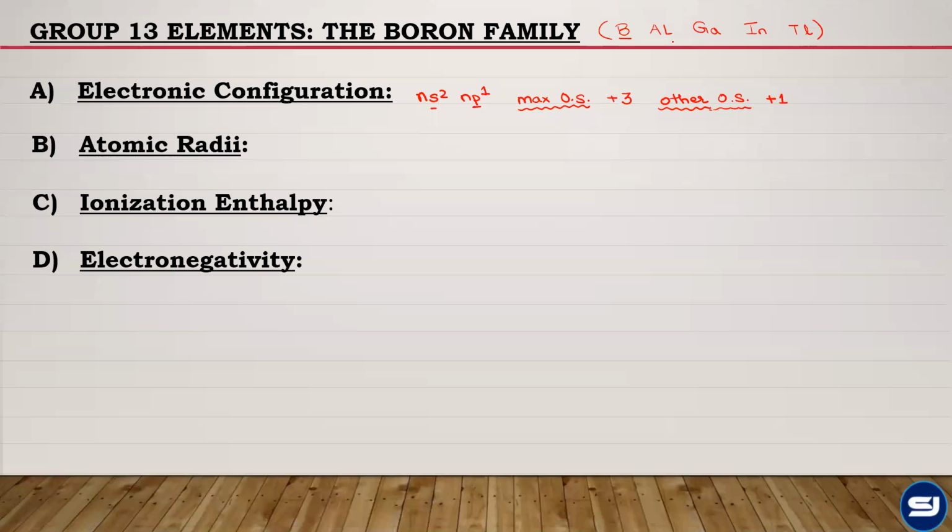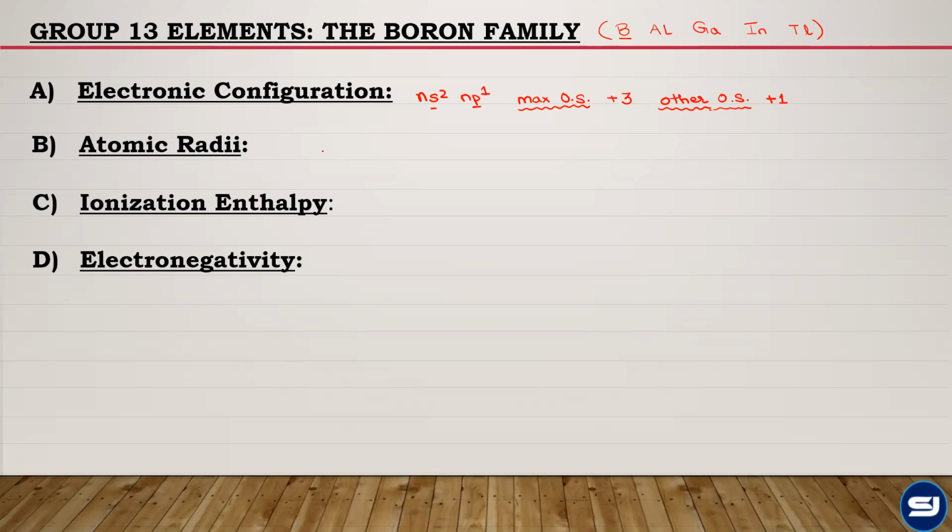Metallic. तो यहाँ पे सिर्फ बोरॉन, because of high electronegativity and high ionization enthalpy, is found to be non-metallic. The others are found to be metallic. And we know that the metallic nature goes on increasing down the group because of the decrease in electronegativity.